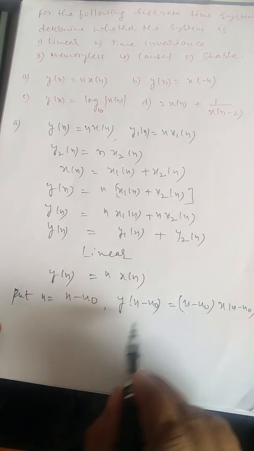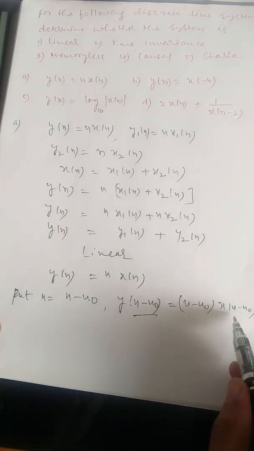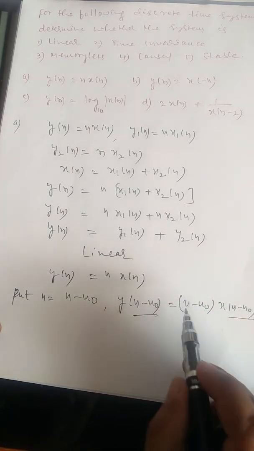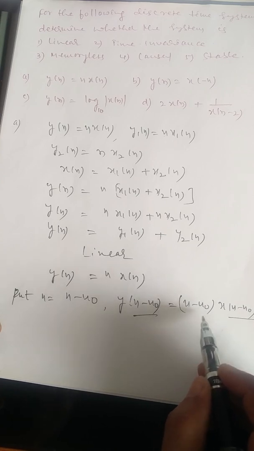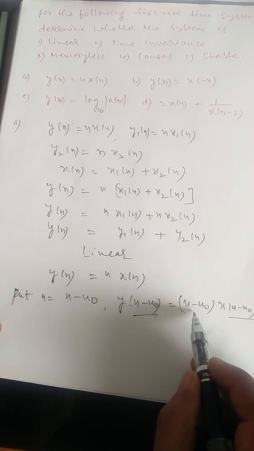See here, output is delayed by n naught units, input is also delayed by n naught units, but here n is also changed by n naught, n is changed to n minus n naught.